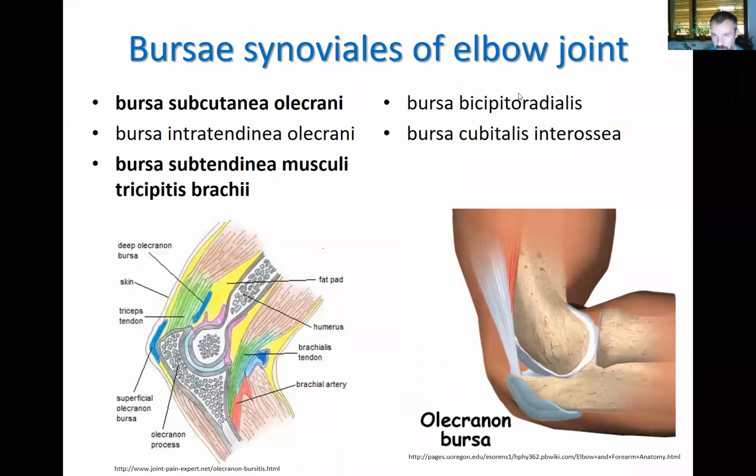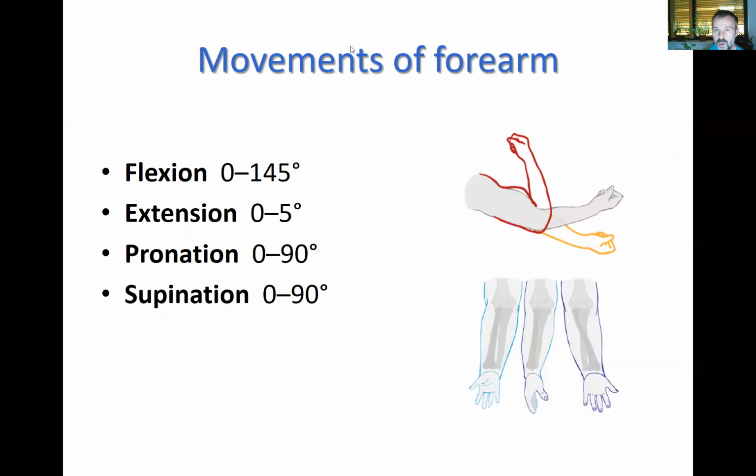Okay. As for the movements of the forearm, of course, flexion, which you can see here, and the flexion comes to 145, 150 degrees. Then the movement back is extension. It goes usually to 0.